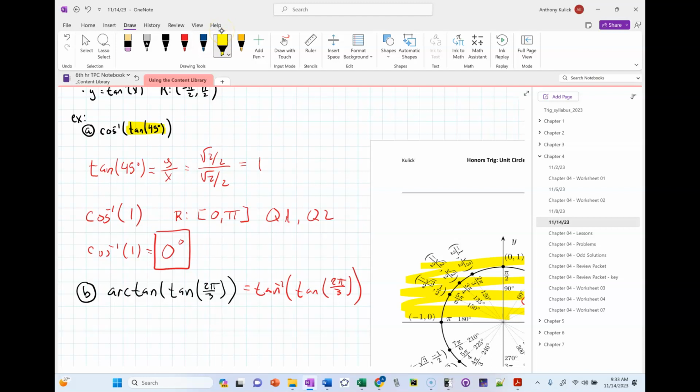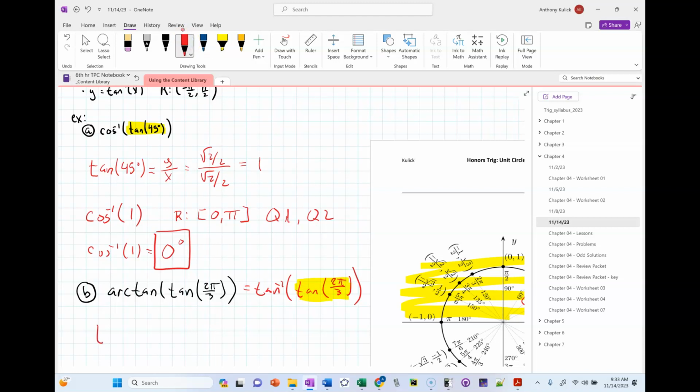So you see arc cosine or arc sine or arc tan just means sine inverse, cosine inverse, tan inverse. Just another notation that means the same thing.